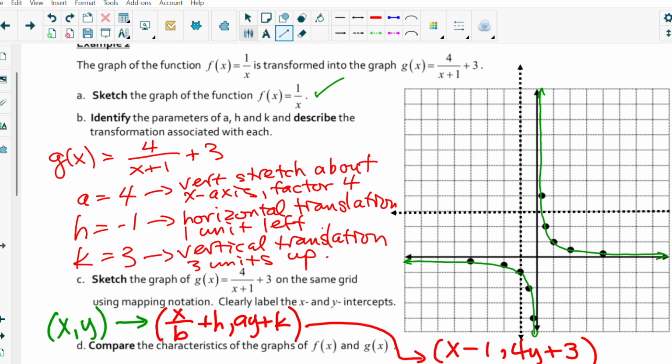Okay, so let's do that first, and then in red, I'm going to graph my transformed function. So this is x equal -1, this is y equal 3.